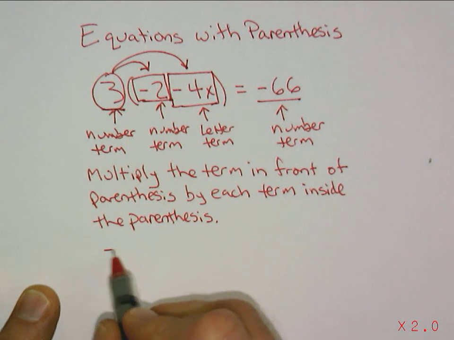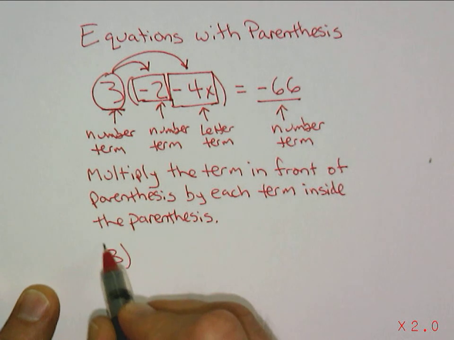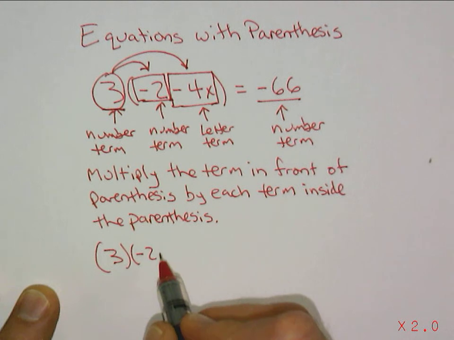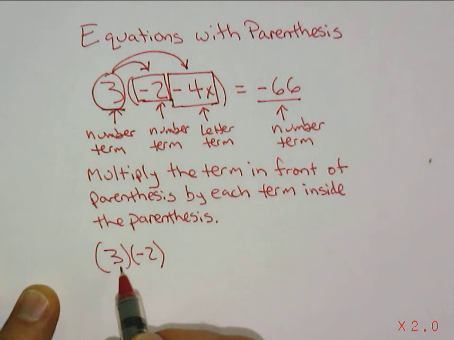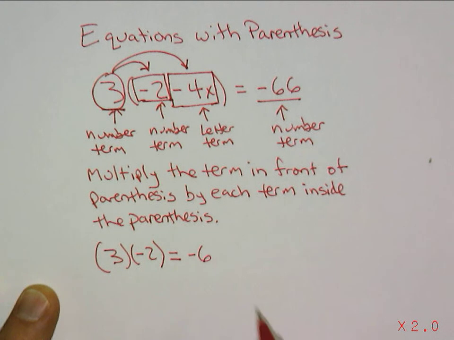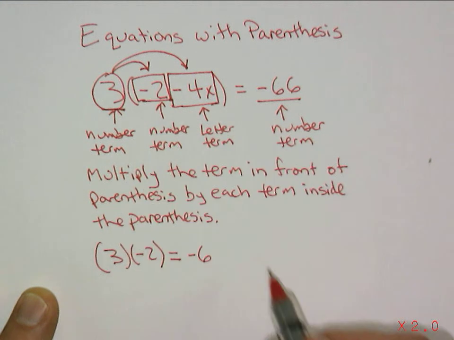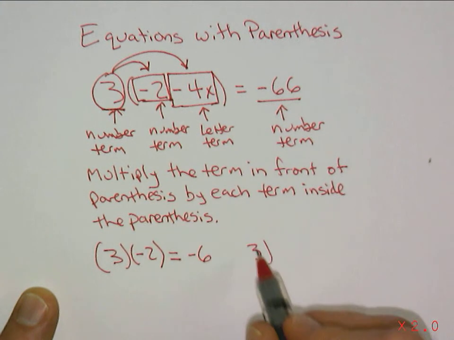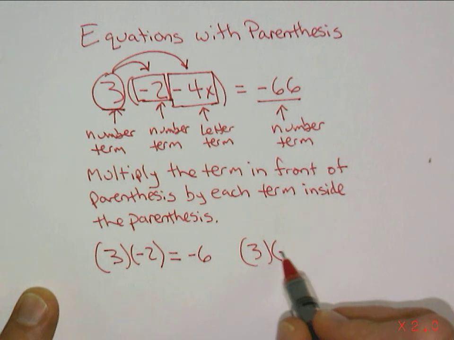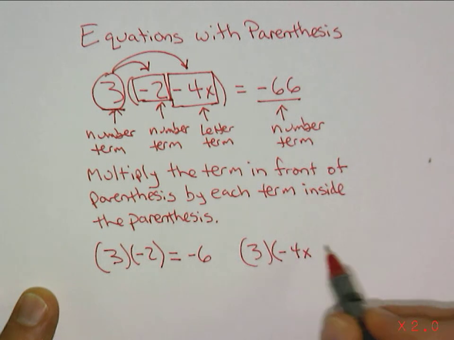So it's 3 times a -2. I'm going to just use sets of parentheses here. So we have that multiplication, 3 times -2, which is -6. And that takes care of the first multiplication, and then 3 again times the -4x.